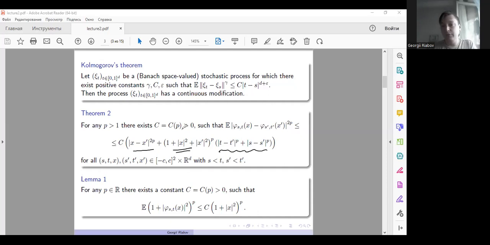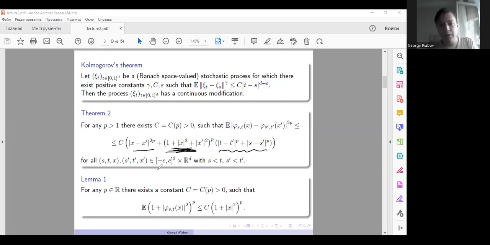But for the question of continuous modification, we can always look at s, t, and x in bounded sets. So when x, x prime are from a bounded set, we can also estimate this bracket by some constant. So we will have an estimate from Kolmogorov's theorem with the power p.